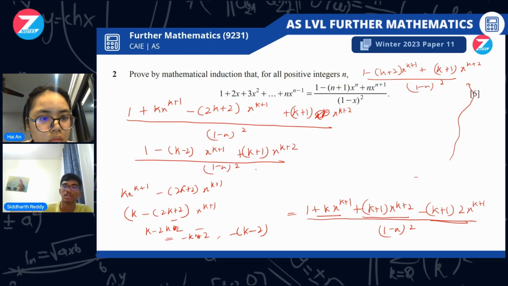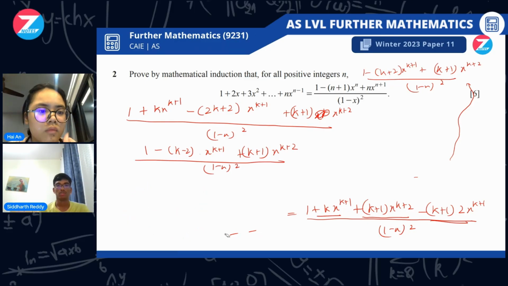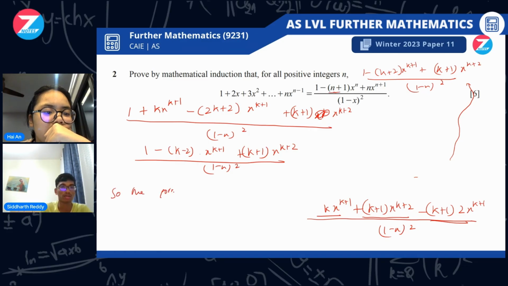So we've proved that this thing which we just got is what we would have gotten if we directly substituted n equal to k plus 1 in the formula. So the formula is true for n equal to k plus 1 as well.